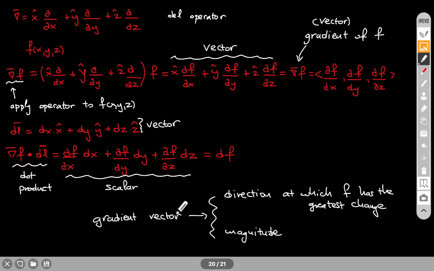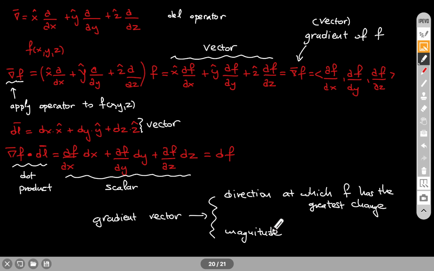So when you find the gradient vector and you visualize that in your 3 dimensions, the direction at which that vector is pointing is the direction at which you get the greatest change in the function f.